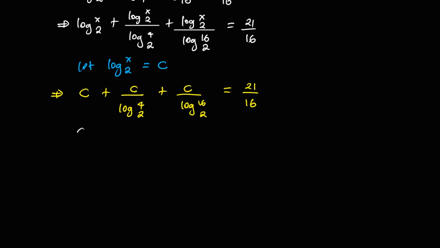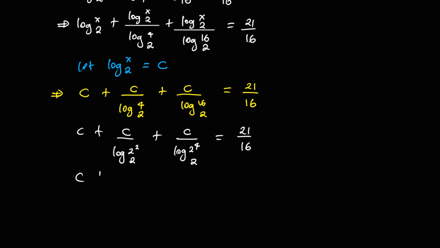So we will have c plus c divided by, 4 is the same as 2 squared, so we will have log of 2 squared to base 2, plus c divided by, 16 is the same as 2 to power 4, so we will have log of 2 to power 4 base 2, and this should equal 21 over 16.